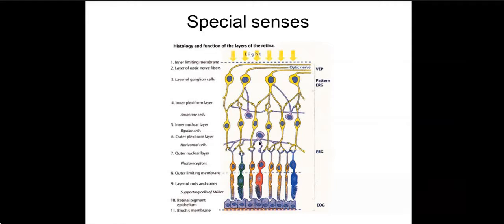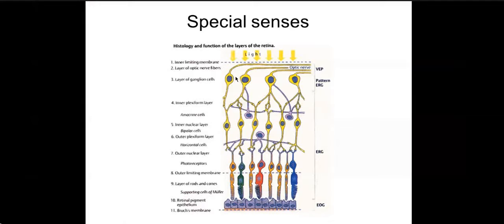One cell layer. The second cell layer is the bipolar cell layer. Bipolar: one pole here, another pole here, nucleus here. Clear? Then the third cell layer is the main one.